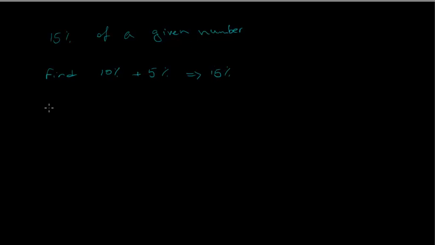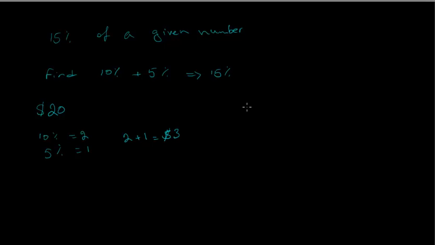Let's say we have a shirt marked $20. 10% of 20 equals $2. And 5% of that is half of $2, which is $1. So 2 plus 1 equals $3.